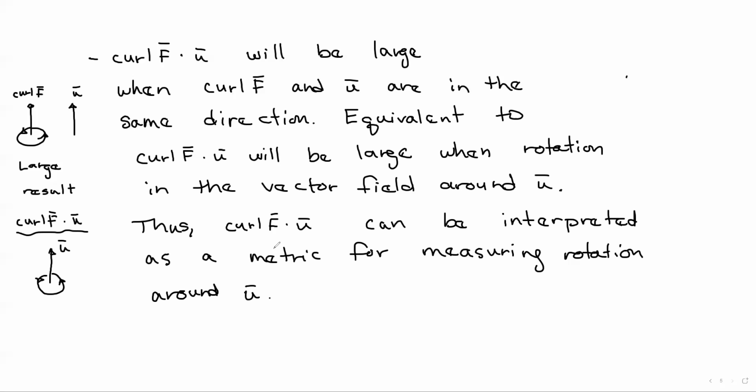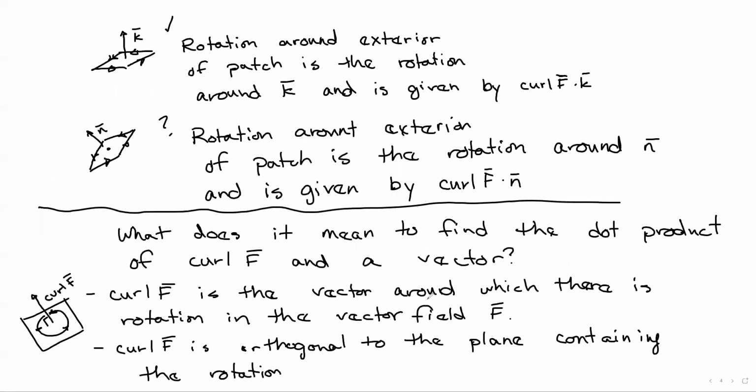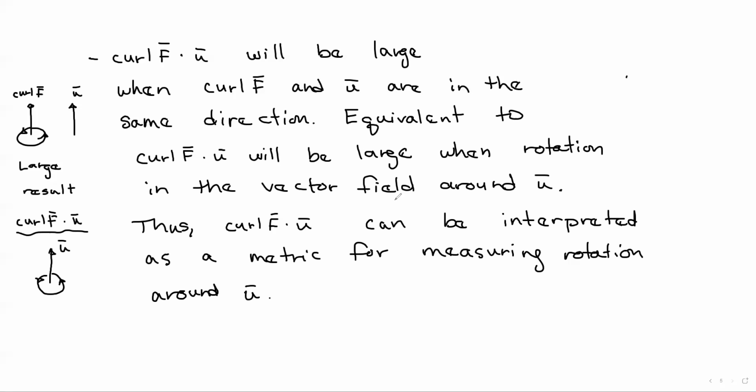Anyway, that's the idea: you could go through this process in terms of analyzing what the dot product between curl of f and a vector is. So the dot product between curl of f and a vector can be interpreted as a metric for whether there is rotation around that vector. Once you get to that point, you can then go through and pop in vectors and interpret them.